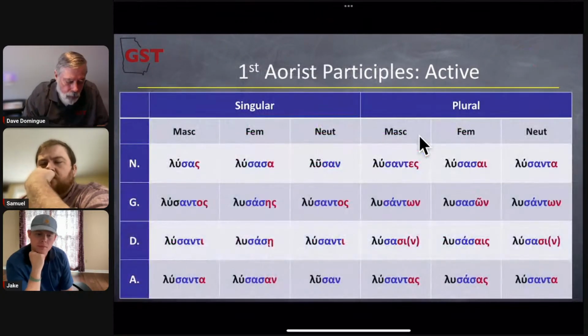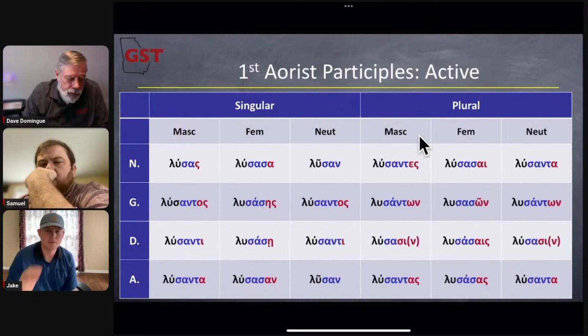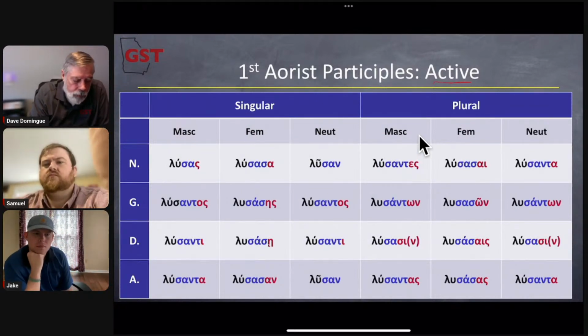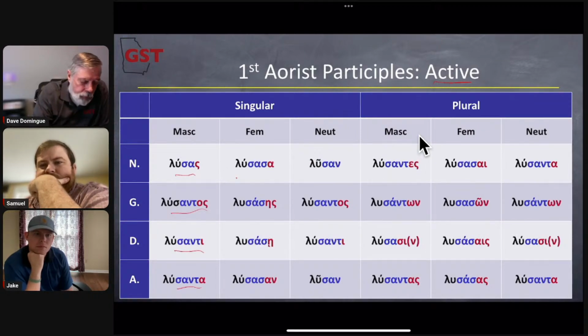All right. Putting the whole picture together, there's our first aorist participles for active voice, right? Lusas, Lusantas, Lusanti, Lusanta. And we'll stay with the 3-1-3 pattern here. 3-1-3, singular, 3-1-3, plural. Let's look at third declension. Lusas, Lusantas, Lusanti, Lusanta, Lusan, Lusantas, Lusanti, Lusan.